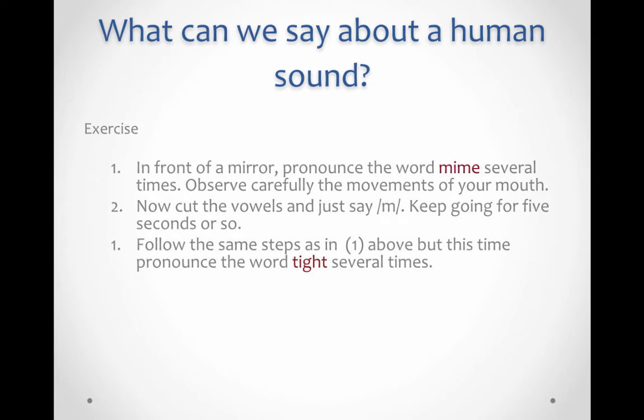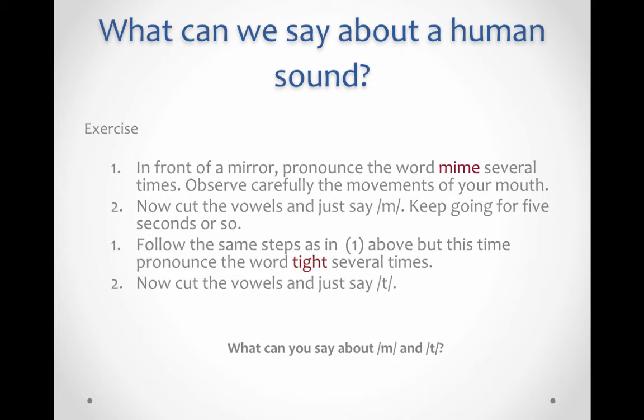Then follow the same steps as in number 1 above, but this time pronounce the word tight several times. Now cut the vowel and just say t. Try to go for 5 seconds or so if you can.